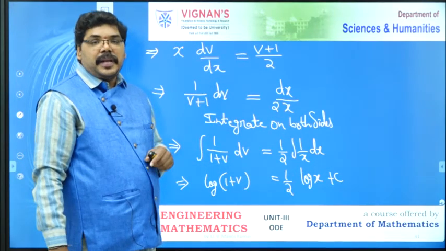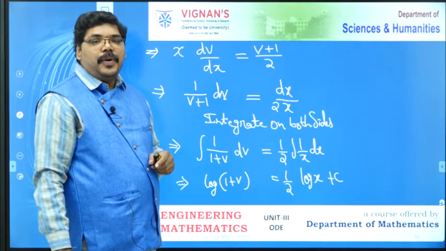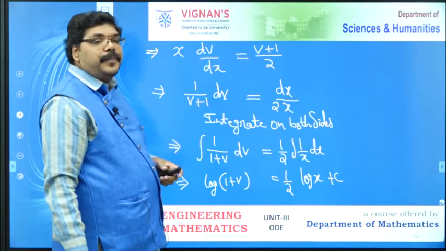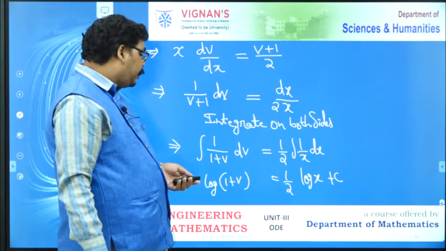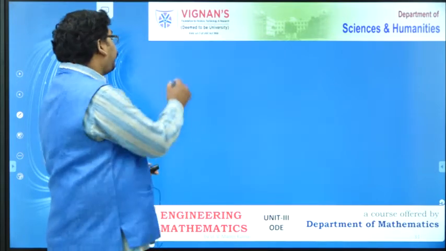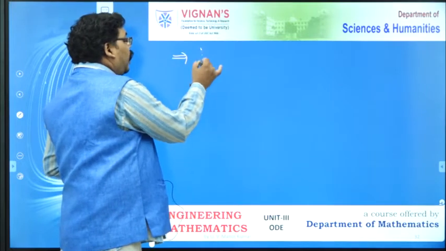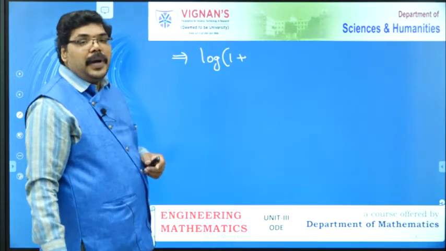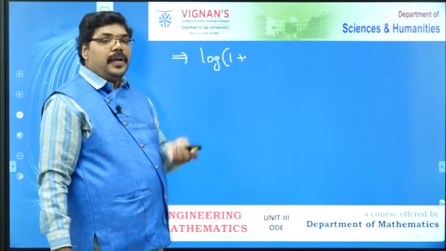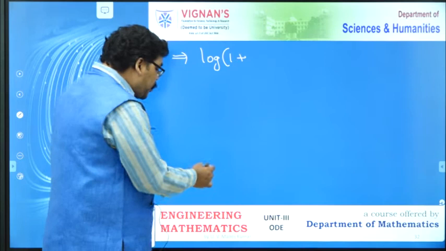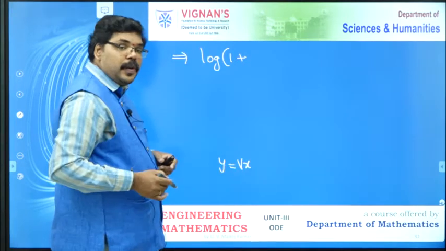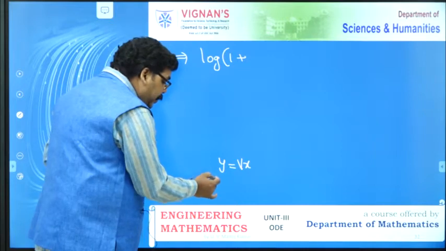Is the problem over? No, we have to back substitute v. So what is v? Recall our substitution. What is our substitution? y equals vx.